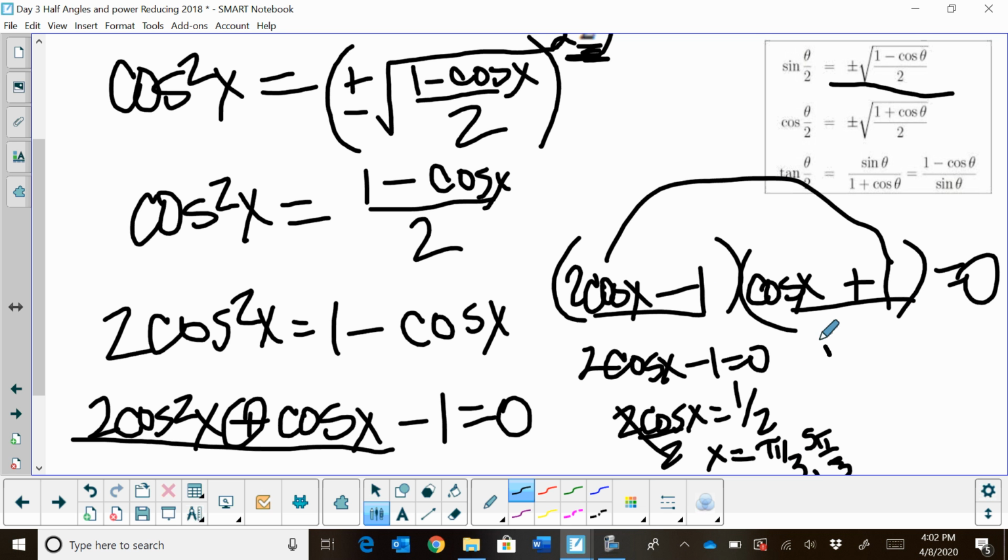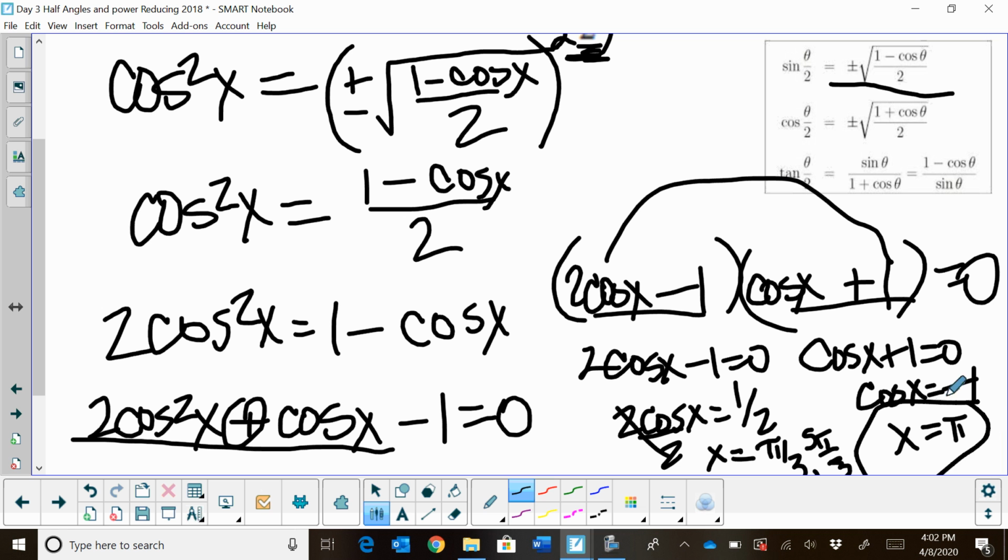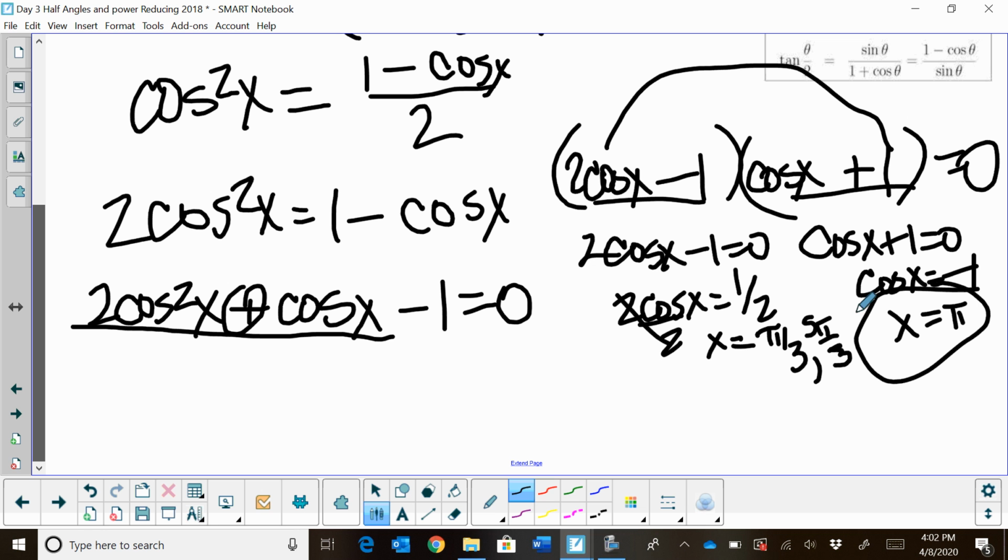And let's look at where cosine x plus 1 equals 0. That's where cosine x is equal to negative 1, and we know that that's at pi. So we have three solutions. x is pi, pi thirds, and 5 pi thirds. So that one has three good solutions.